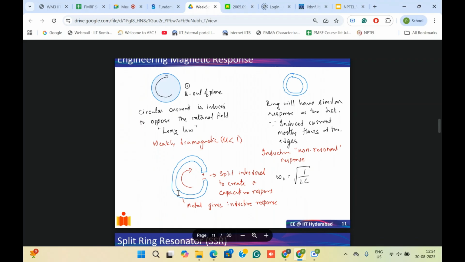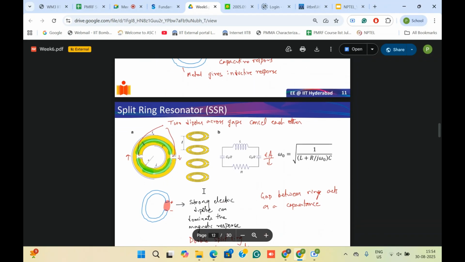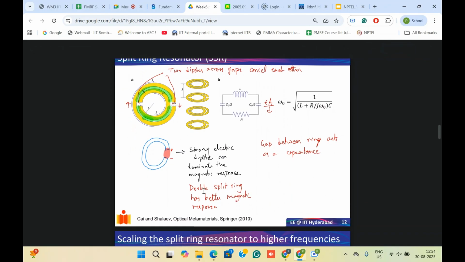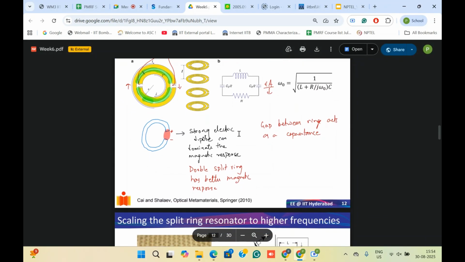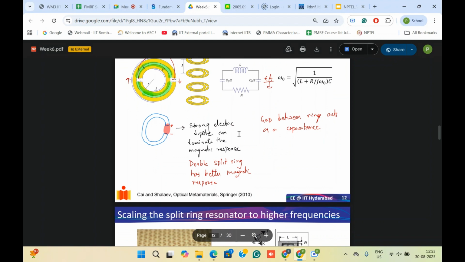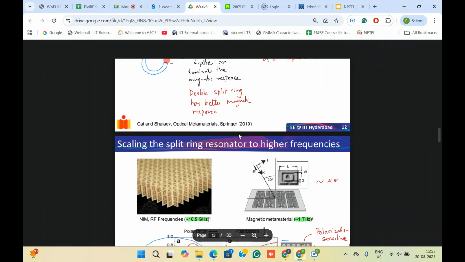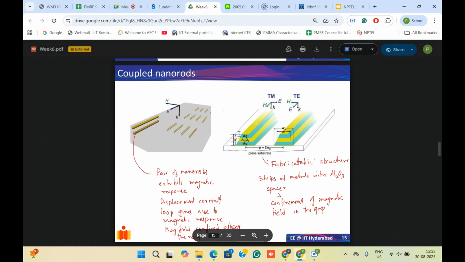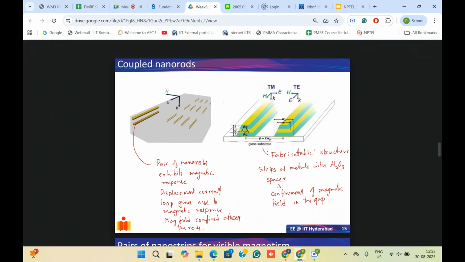We can have split ring resonators in square or ring shapes, where the gap introduces a capacitor and the ring gives an inductive response, and the resonant frequency is given by omega naught equals 1 over root LC. As I told you already, double split ring resonators have a better magnetic response, and we have scaled this.